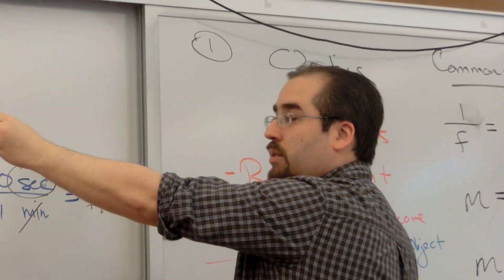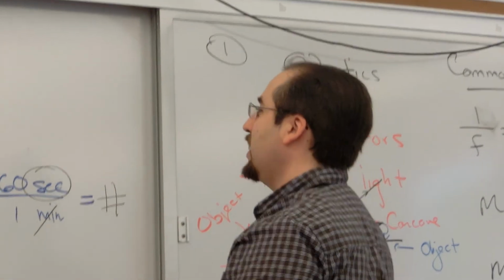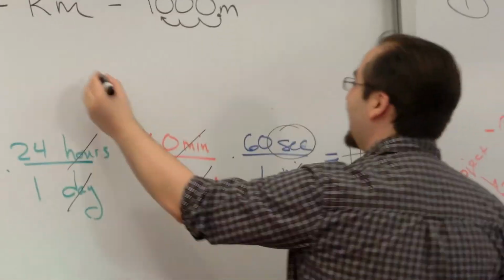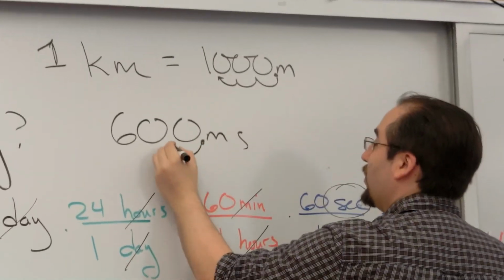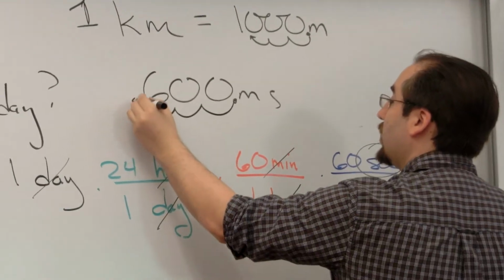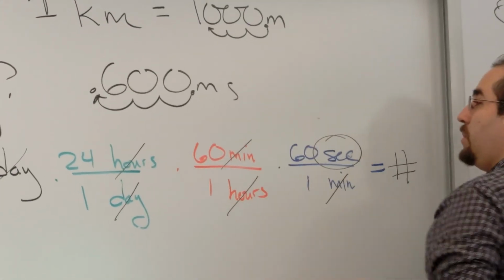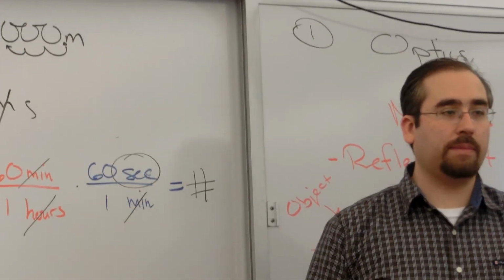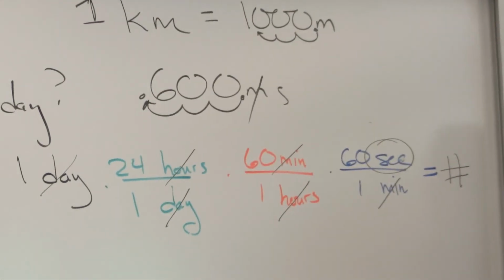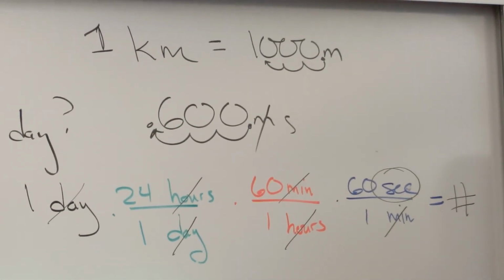Once, twice, thrice. There you go. So it is 0.6 seconds. You gotta remember how to do that kind of conversion also.